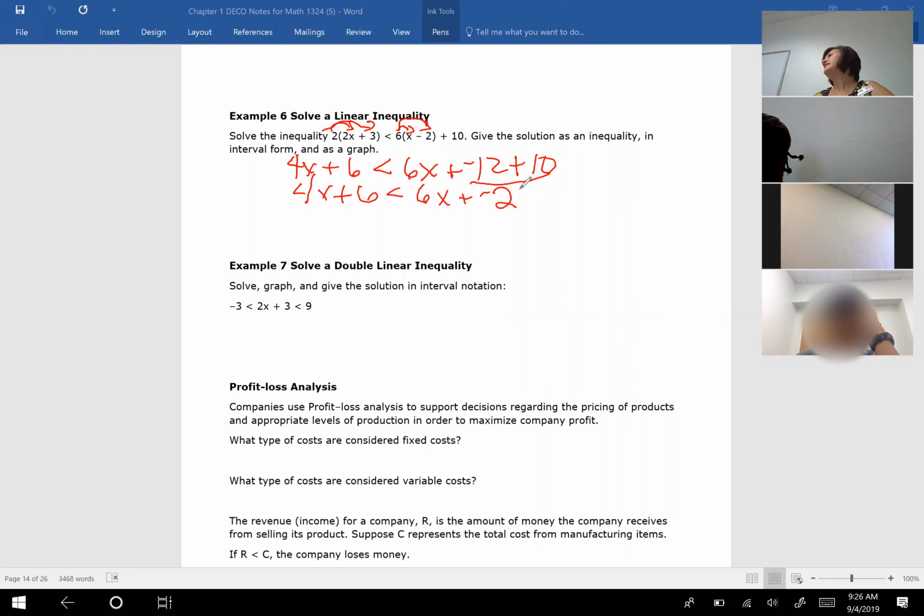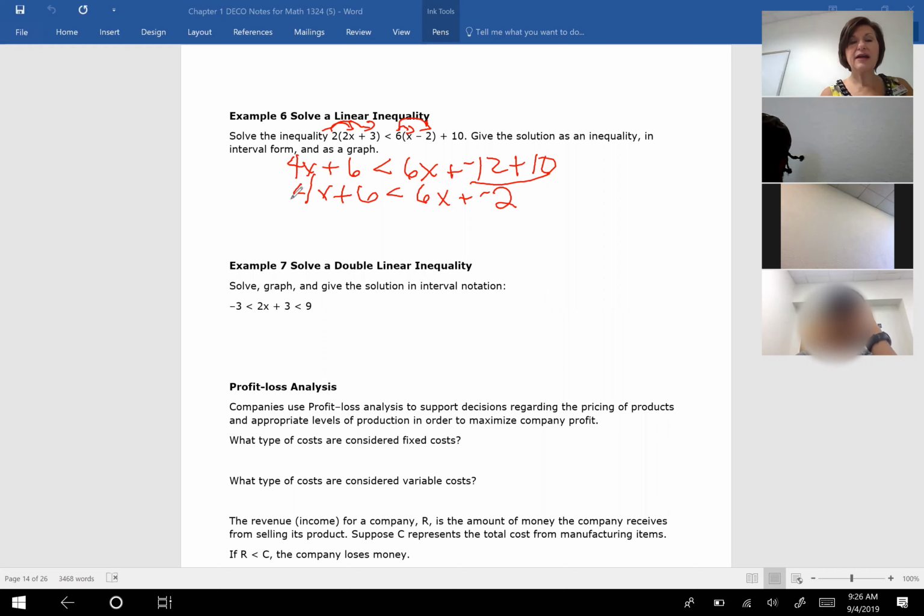Okay, what did I suggest you put together first? X's or the plain number? I would get the X's together. And if it's up to me, I would move which one? What do you think? I'd move the smaller. Let's move the 4x because I think it's easier to reverse the inequality when I am at the end than to try to remember to do it in the middle.